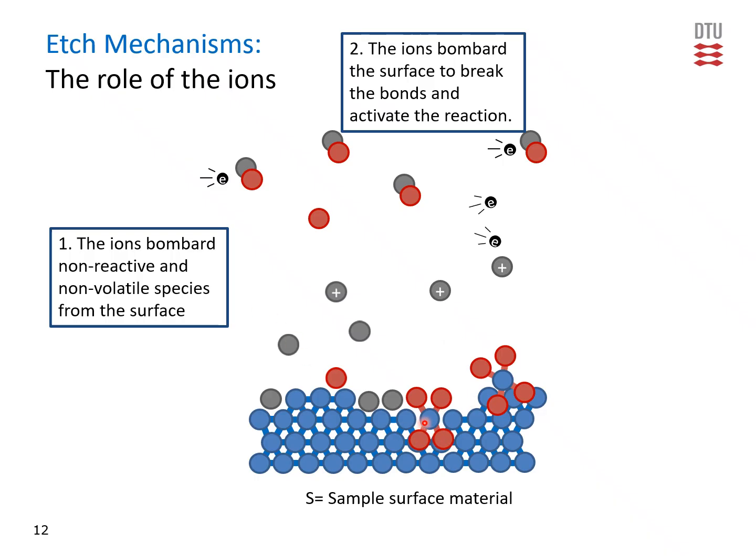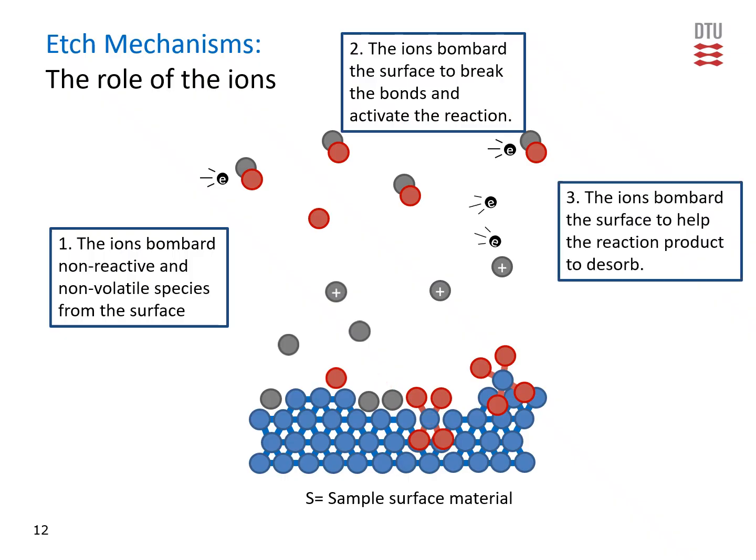So in most cases, what it needs to do is to break the bonds in the substrate so the reactive species can get access to the atoms and form the volatile product. A third role for the ions is to bombard the surface to help the reaction product desorb from the surface so it can be pumped out.